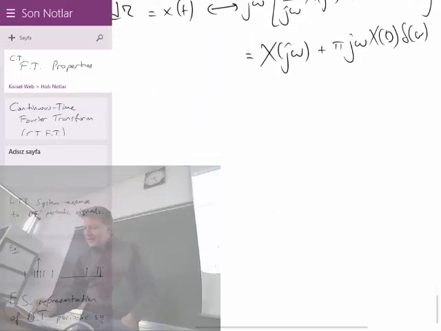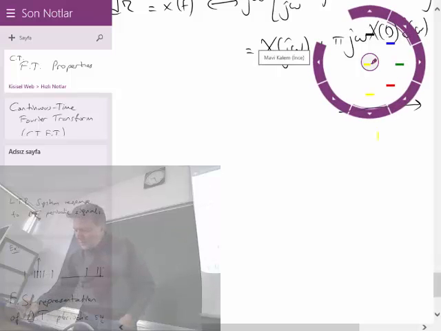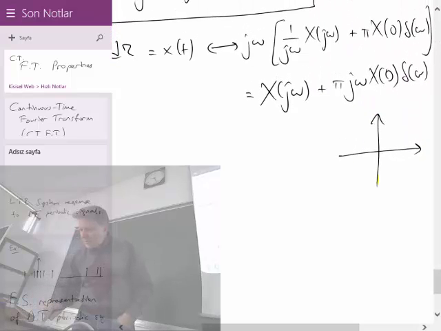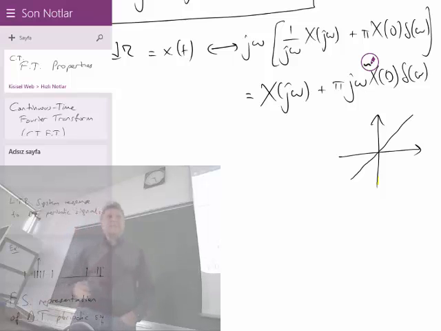You can think of it like this. You have the omega function, which is this, right? That's the function of omega, and delta of omega is here. If you multiply omega with delta of omega, you will be multiplying the omega function only at omega equal to 0, and it will cancel.